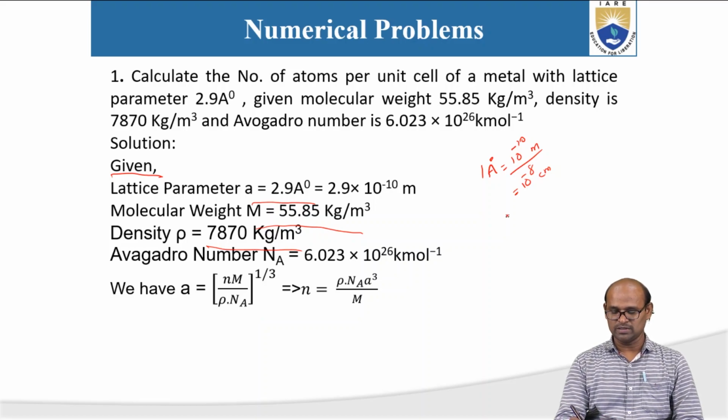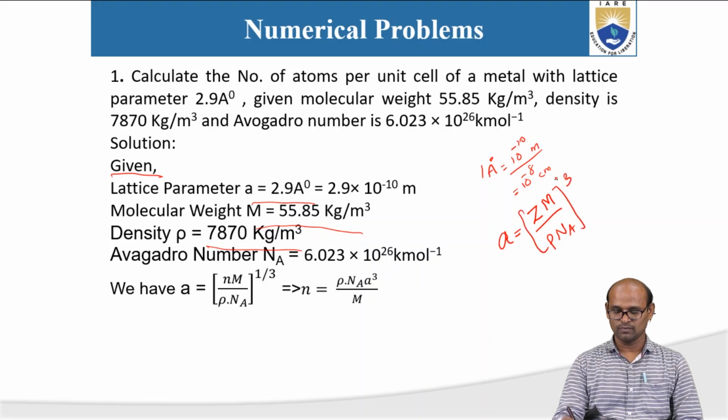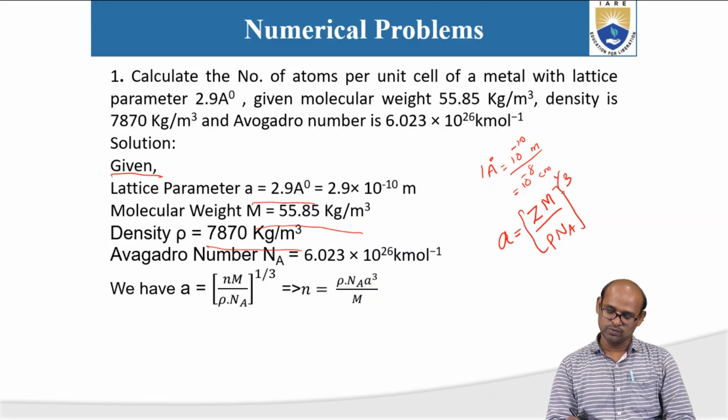So the lattice parameter A is equal to Z M by rho into Na, power 1 by 3.